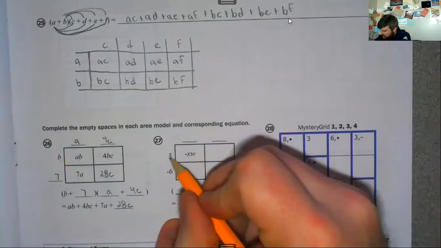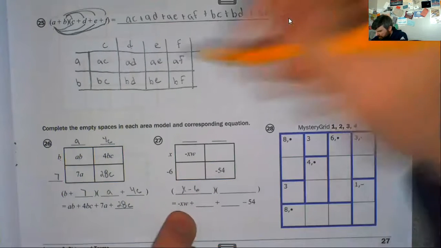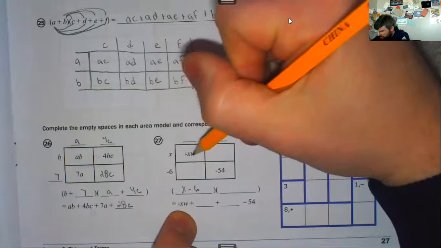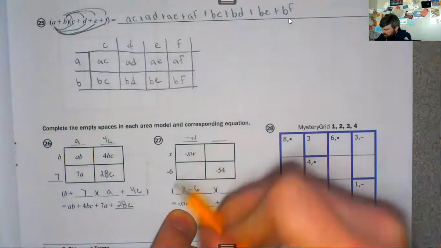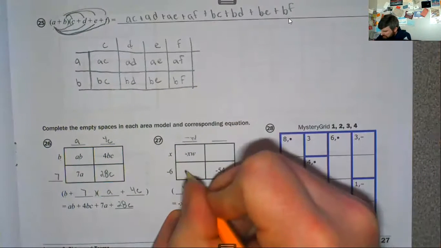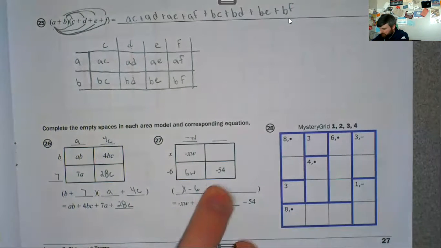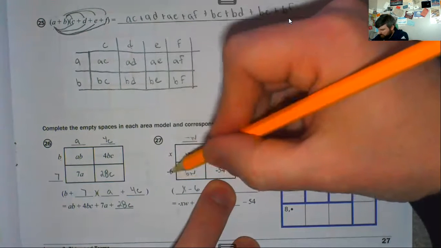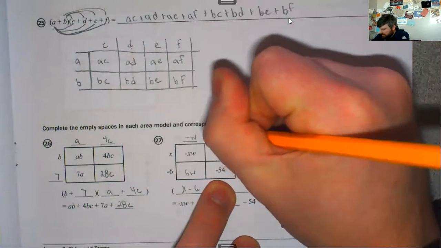Okay, so here you have X minus 6. You have negative XW, so this must be a negative W. Okay, so negative 6 times negative W is 6W. Here you have negative 54. So negative 6 times what is negative 54? That is 9.